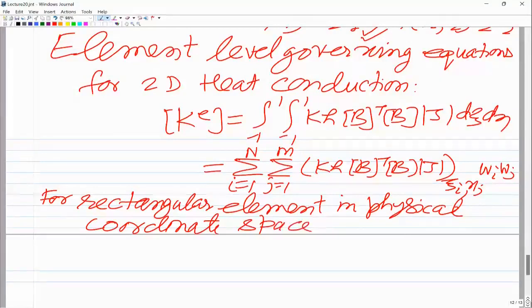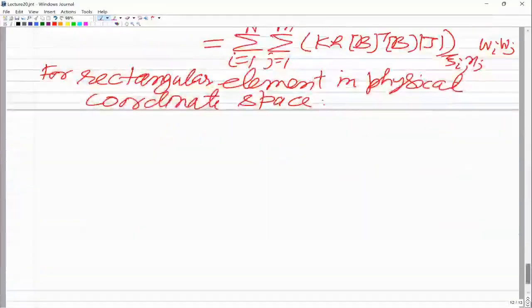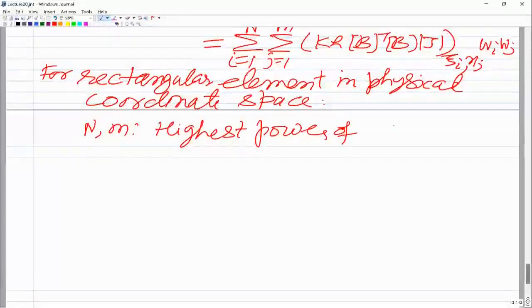So if you look at B, the main thing I want to discuss here is how we decide n and m. If you look at the highest power of xi or eta in B, it is actually 1.